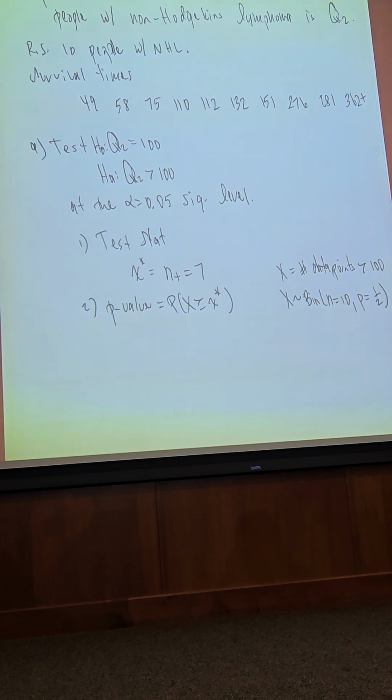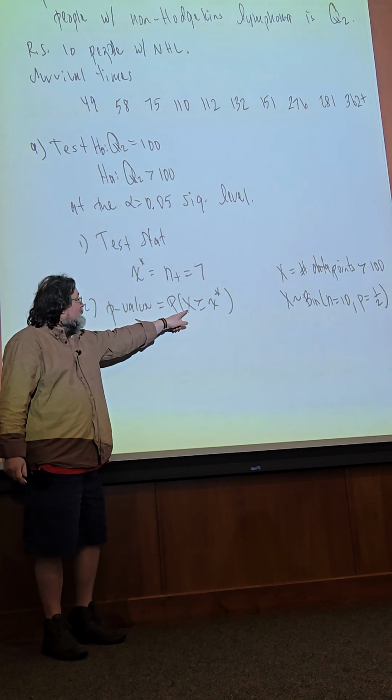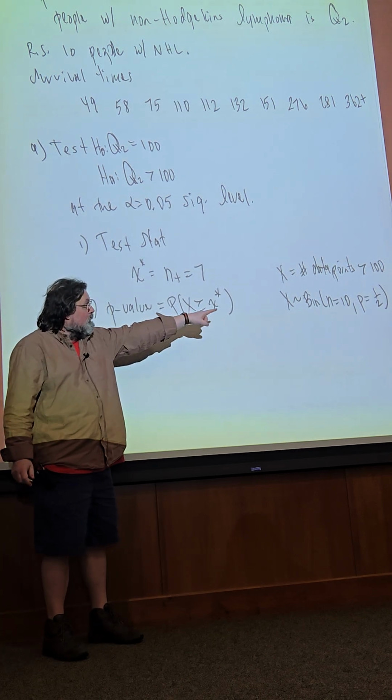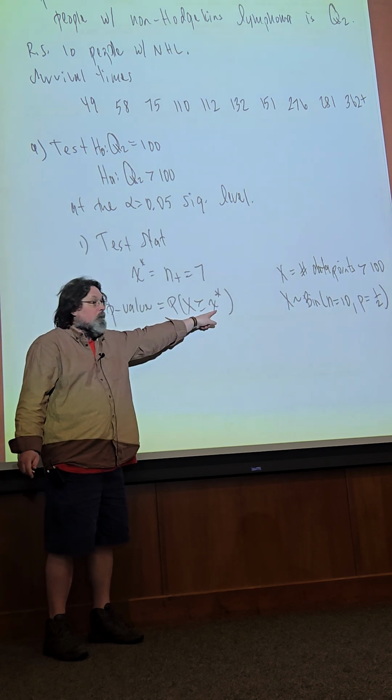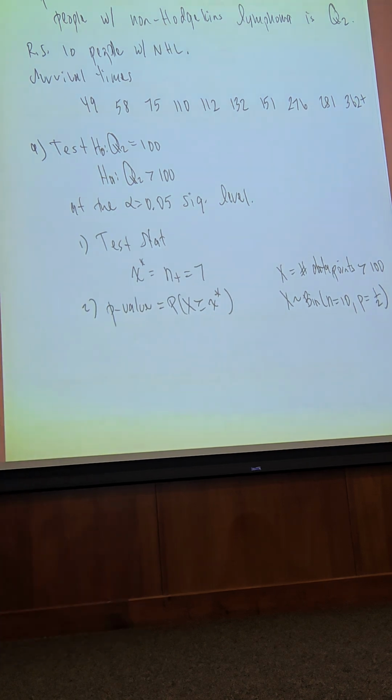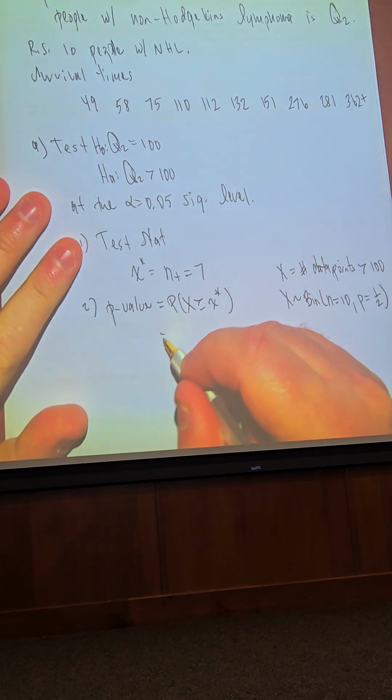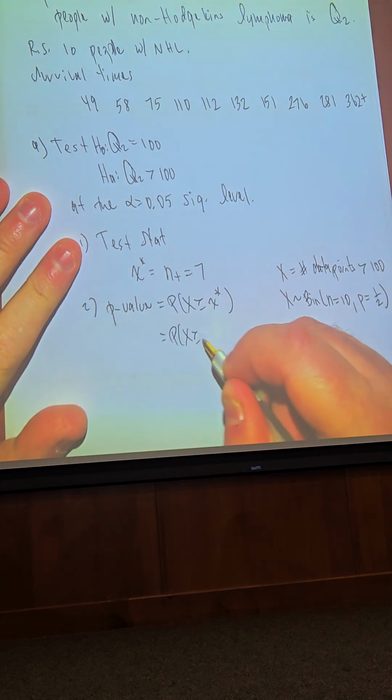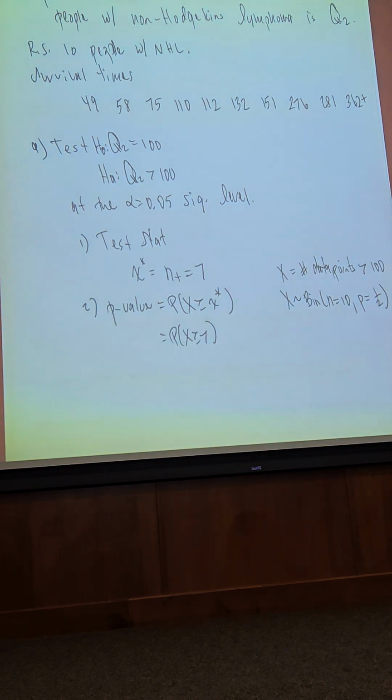So I have to find the probability that a binomial distribution with 10 and 1/2 is greater than or equal to 7. No problem.